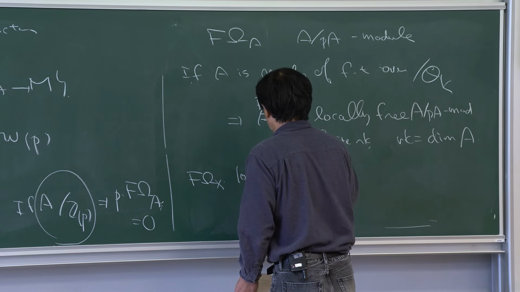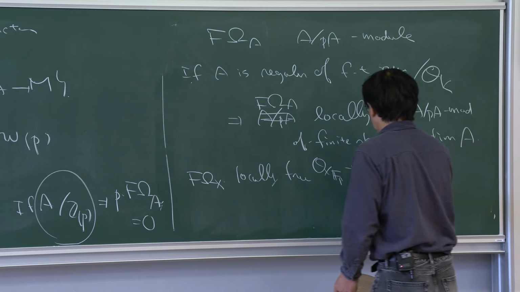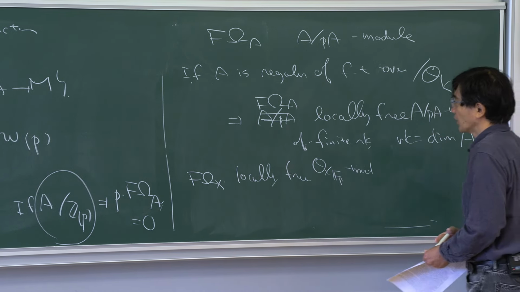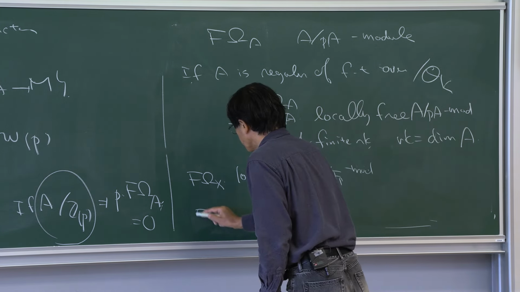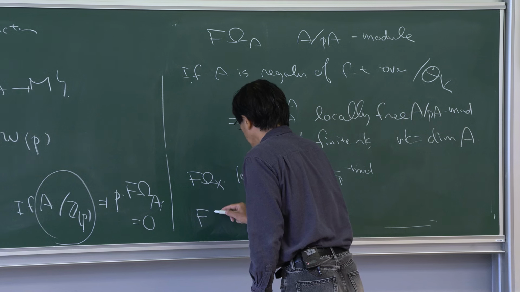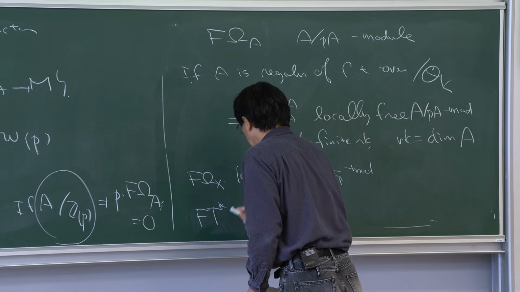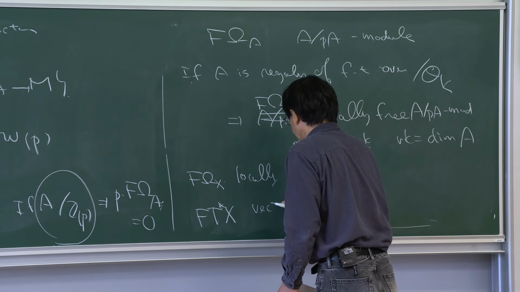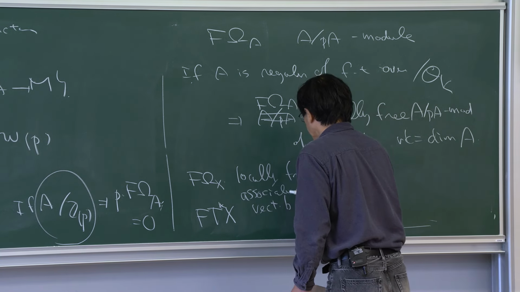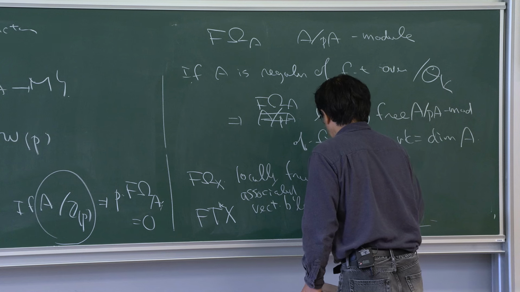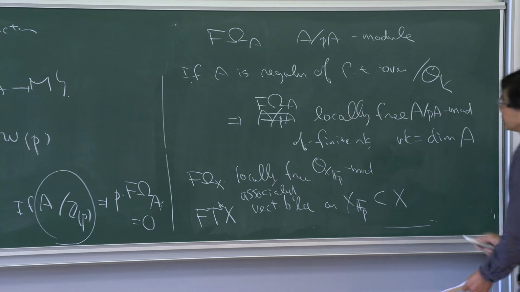So this is the associated vector bundle on X mod p, like this.